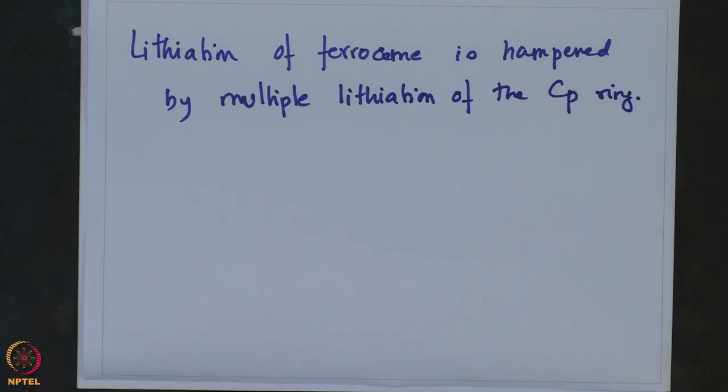Now, lithiation is an important reaction because lithiation gives rise to various other kinds of substitution on the Cp ring. So, uncontrolled lithiation of the Cp ring makes the conventional lithiation of ferrocene not very useful.